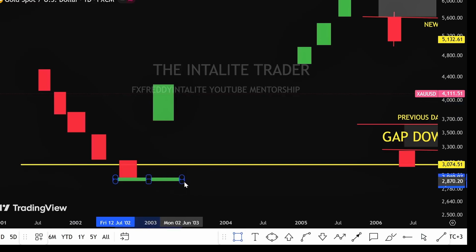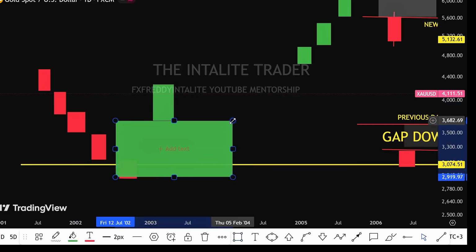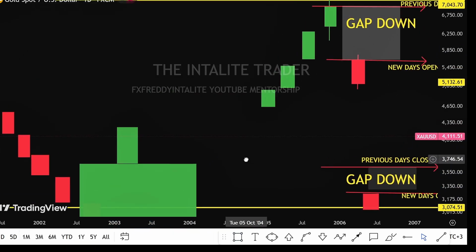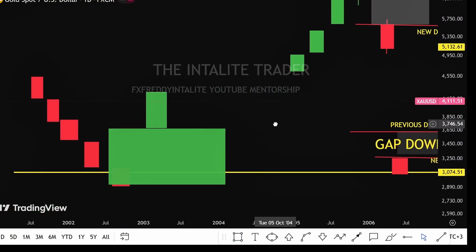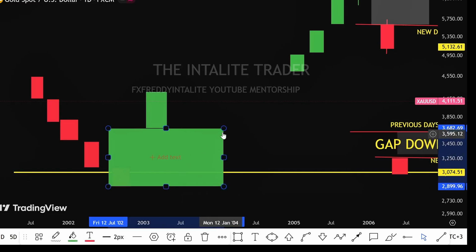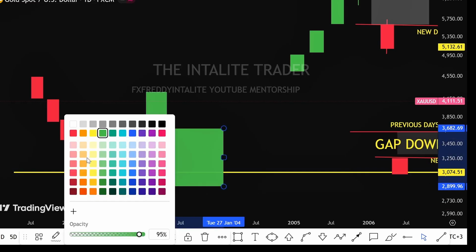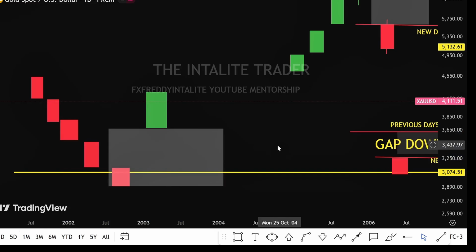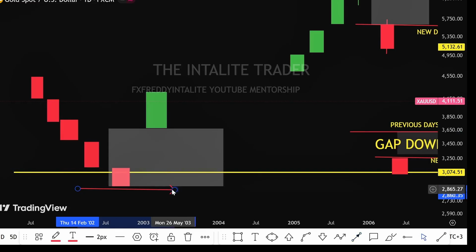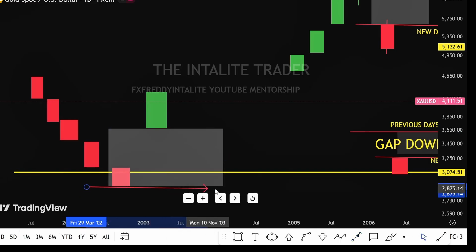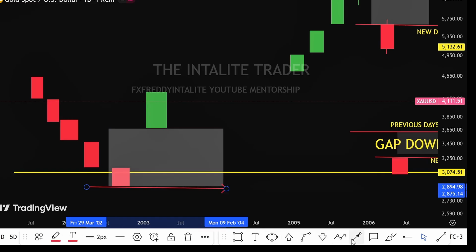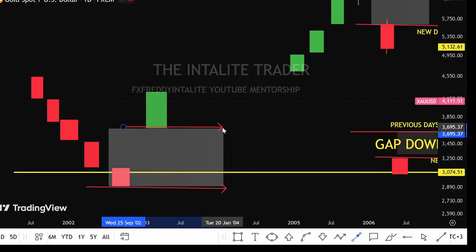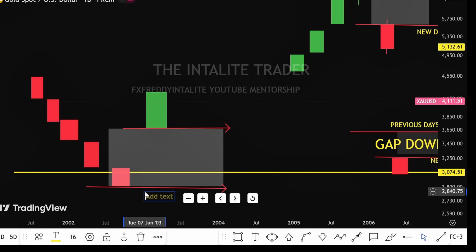We said you mark the previous day's close and the new day's open. So if we mark our previous day's close and the new day's open, we are going to have this. This is our previous day's close, and then this is our new day's opening price.